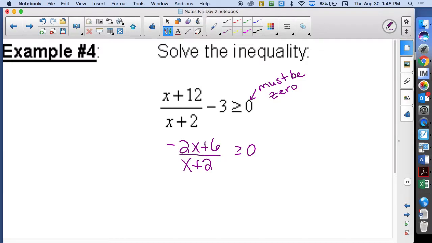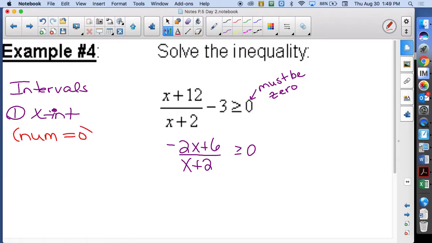So when we go to create this number line for our intervals, there are two things that we're going to use. We'll still use the x-intercepts, and I'll remind you how to find that. The x-intercepts are found by taking the numerator and setting it equal to 0.